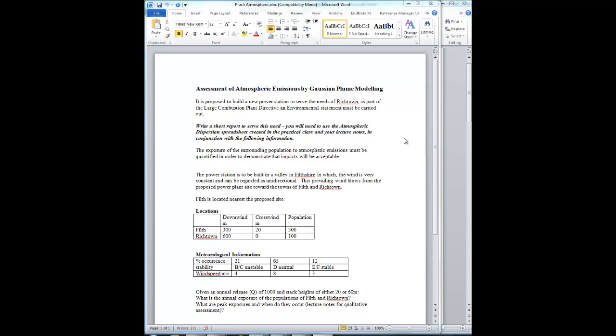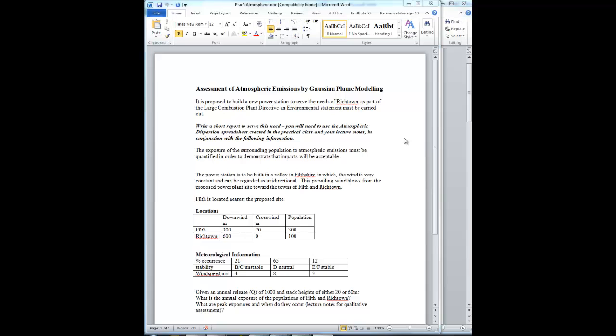The power station serves the needs of Richtown, and we're concerned about the exposure of populations that live in the area. It's in a valley in Filshire, and the wind is very constant and can be regarded as unidirectional.